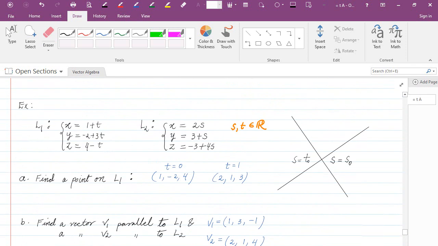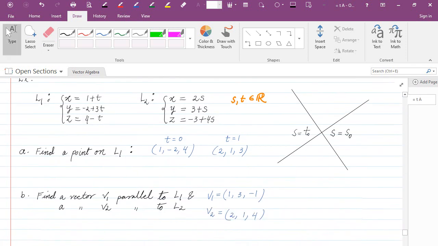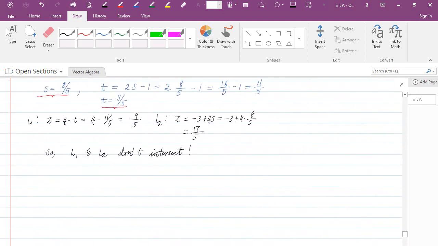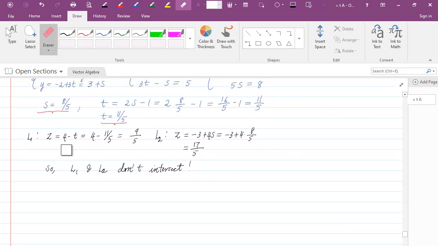Going back to the equations of the lines, z is 4 minus t here, and z is negative 3 plus 4s. We plug in t to be 11 over 5, and we get 9/5. And for line 2, z is negative 3 plus 4s. We plug in 8/5 here, and we get 17 over 5.